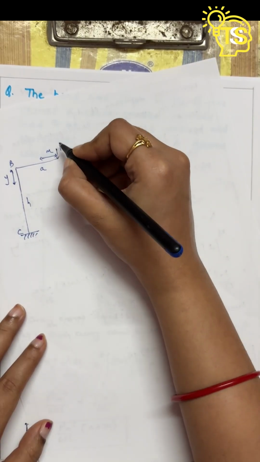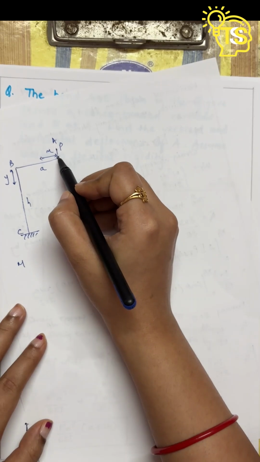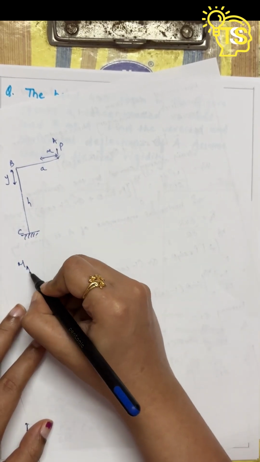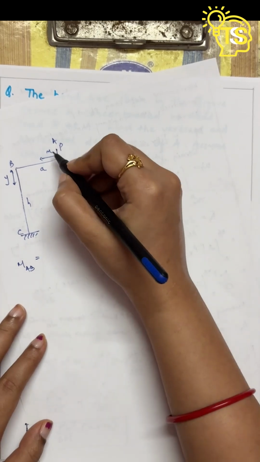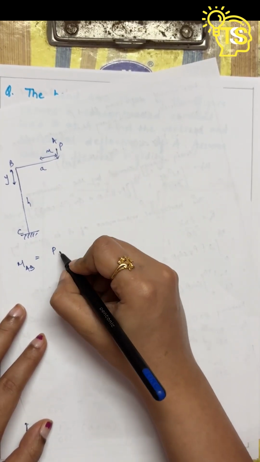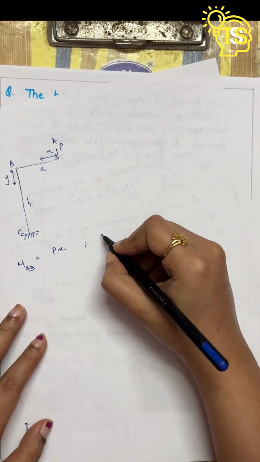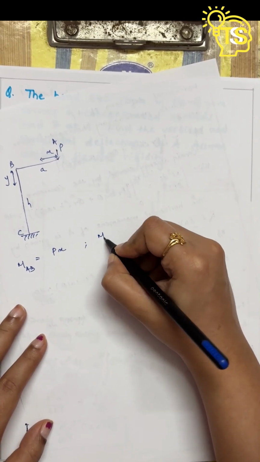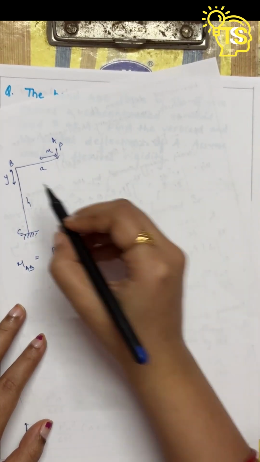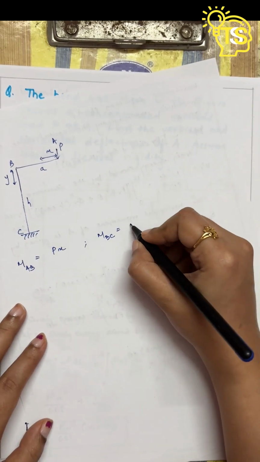We will get two moments, that is moment at AB and moment at BC. Moment at AB will be P into the distance x from the free end, that is Px, and the moment at BC will be P into the perpendicular distance, that is a.